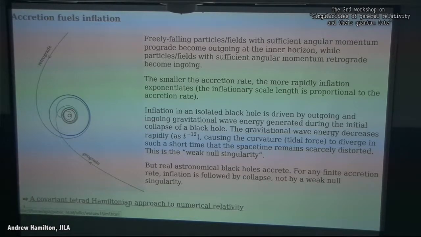Again, if you have an accreting black hole, you will get Poisson-Israel mass inflation. But what happens after that? If the accretion rate goes to 0, you get a weak null singularity. Fine. But if the accretion rate continues, as in the real case, then one gets a different outcome. And I will show you that it's BKL.